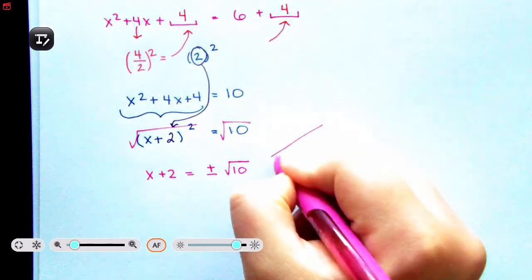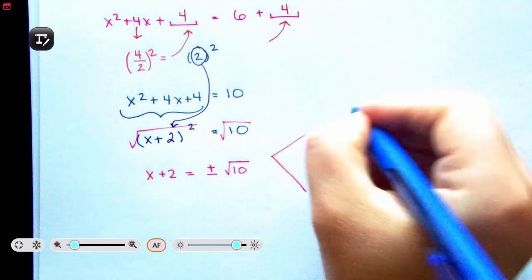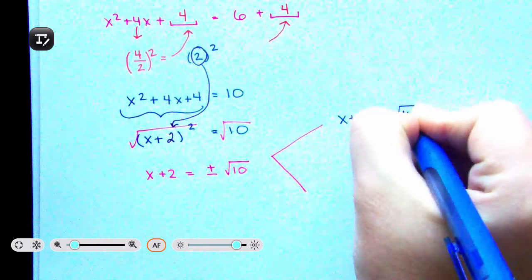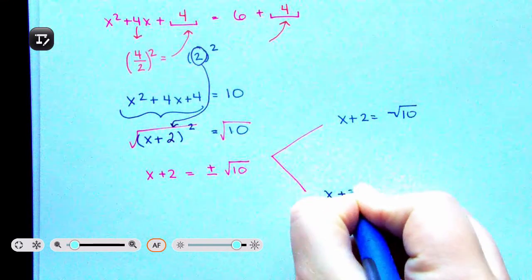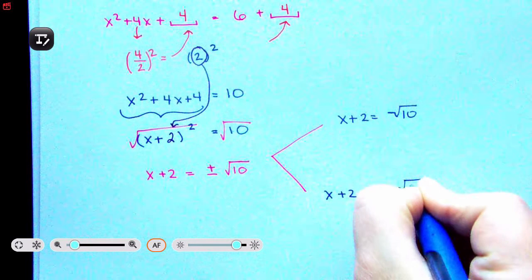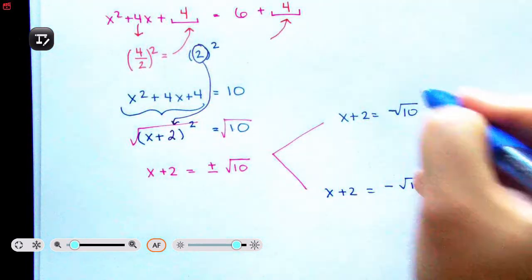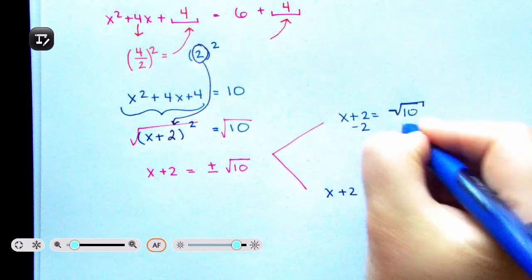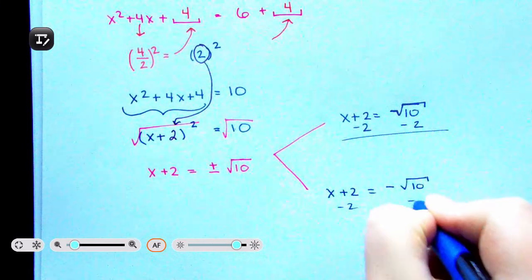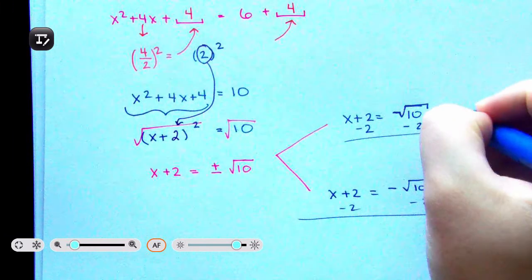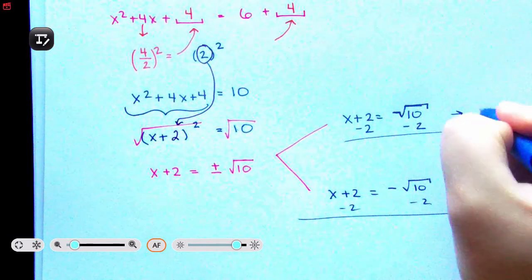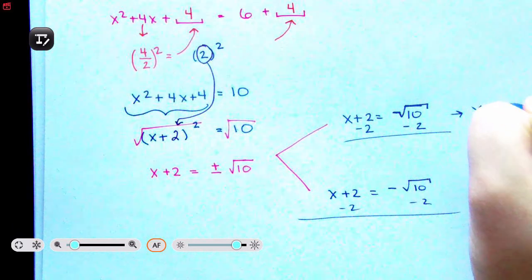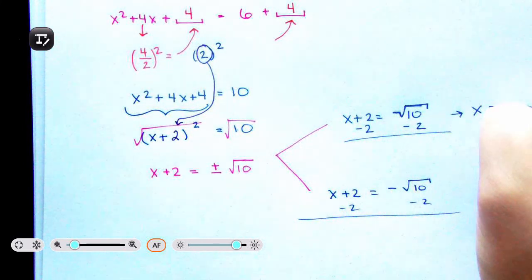So now we're doing 2 steps here. We are going to add and we're going to subtract. So here's our positive root 10, and then here's our negative root 10. That kind of looks like a negative, so let me rewrite that. There you go. So now we're subtracting. Since we don't know the exact value of root 10, we can say x is equal to root 10 minus 2, or negative 2 plus root 10.